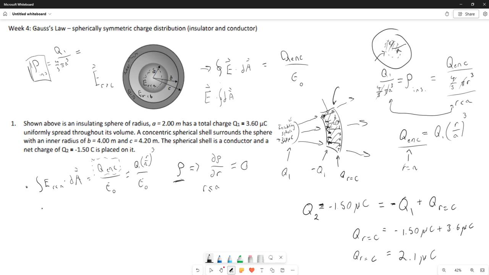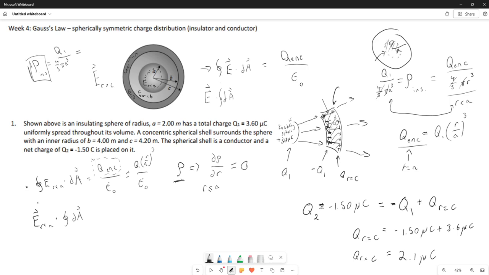And what we want to do, sorry, I just closed the integral. What we want to do here is pull our E outside of the integral, and we can do that anytime that the electric field is uniform over the area element, our dA.